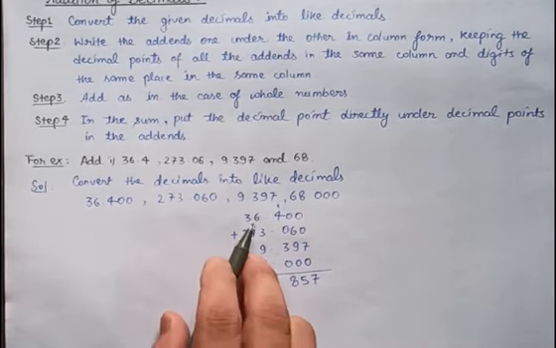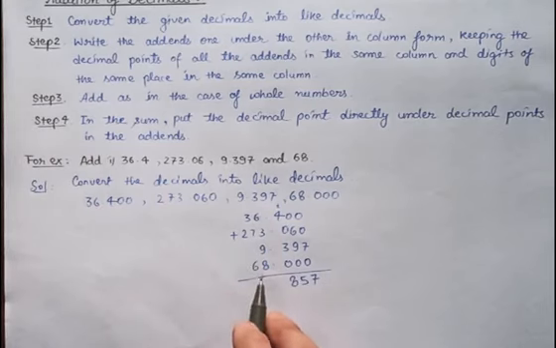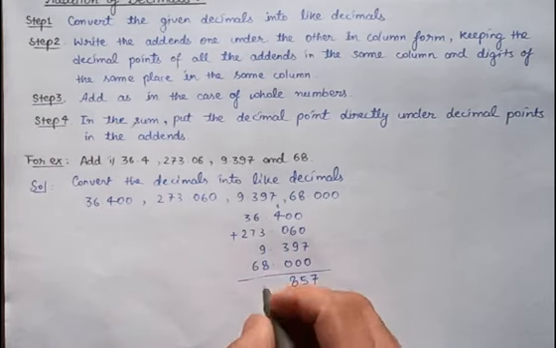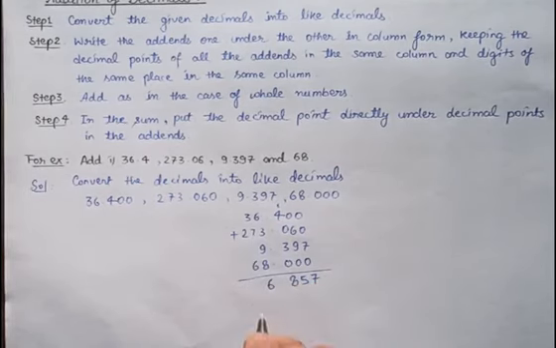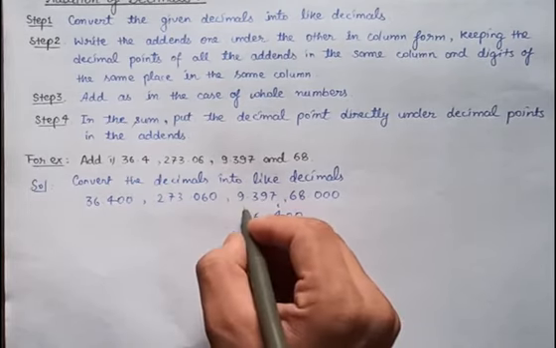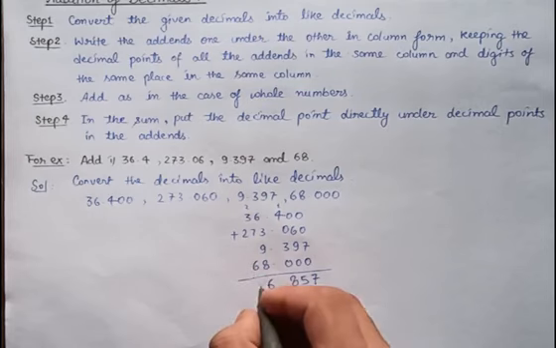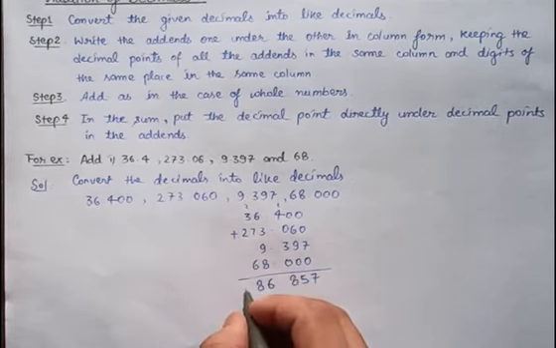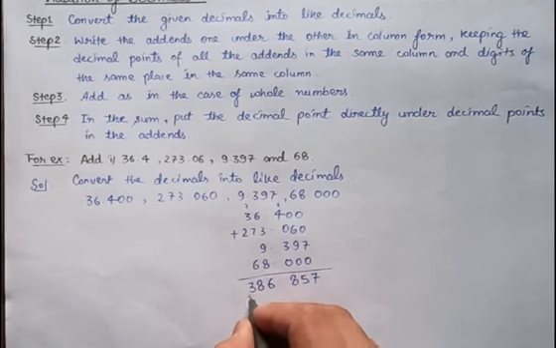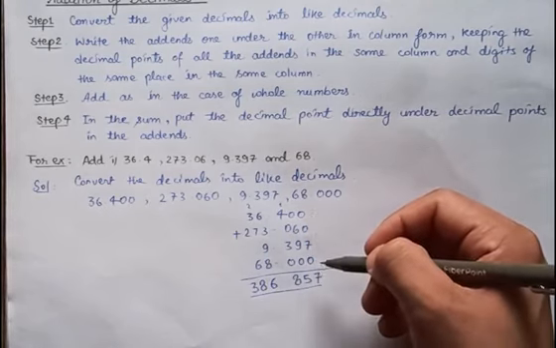Again here 6 plus 3, 9, 9 plus 9, 18 and 18 plus 8. How much? 26. So here we have 6 and carry 2. So 2 plus 3, 5, 5 plus 7, 12, 12 plus 6, 18 and carry 1. So 1 plus 2, 3. So this is the sum of the given addends.